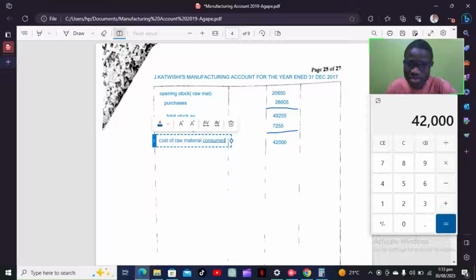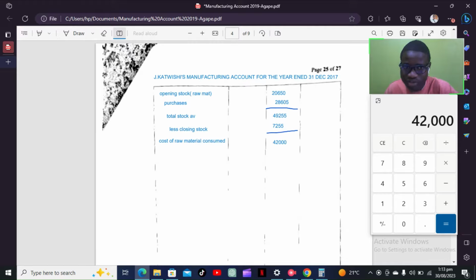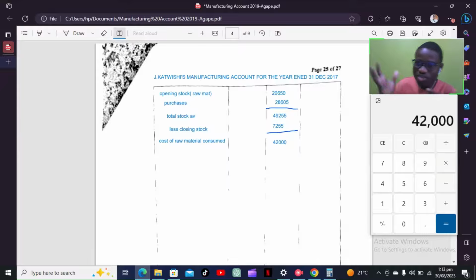Cost of raw materials consumed is the name for this figure that we found after less the closing stock. This is some sort of trading that we've done, but here we've just brought in the raw materials which are already available, and less the closing stock of the same raw materials. That's our cost of raw materials that was consumed.